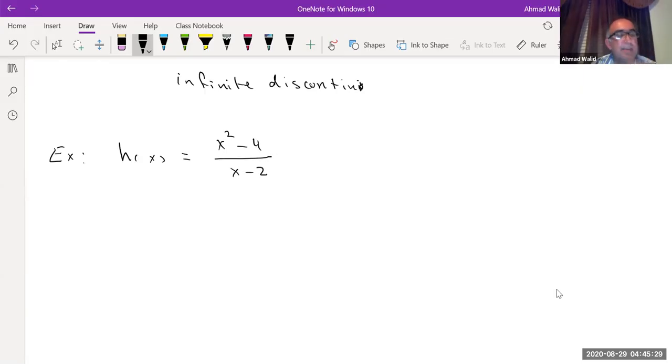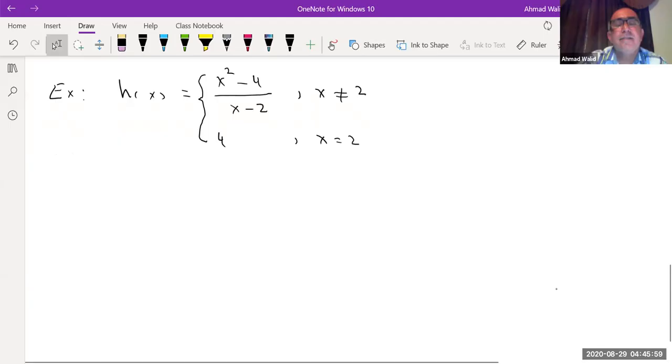They're asking you, let's take a piecewise defined function: here 4, here x, if x is not equal to 2, here x is equal to 2. They're asking you to check if this piecewise defined function is continuous or not.